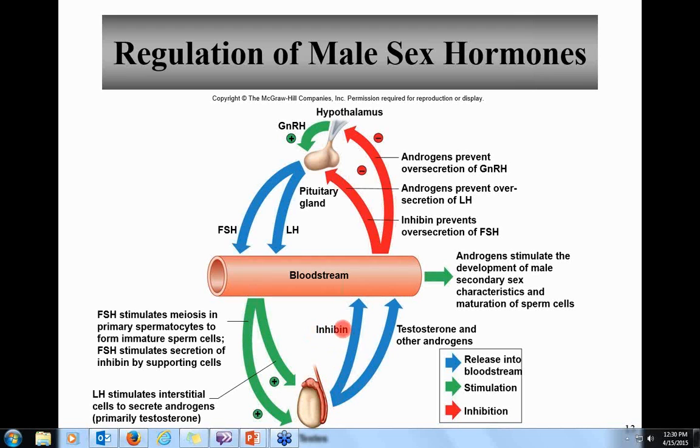We're going to talk about inhibin. Inhibin kind of does what you think it would. Inhibin inhibits follicle stimulating and luteinizing hormone, hence leading to our negative feedback. So once we have inhibin, testosterone, and other androgens, they negatively feed back upon the hypothalamus, and it stops releasing the gonadotropin releasing hormone, so it stops the cycle.